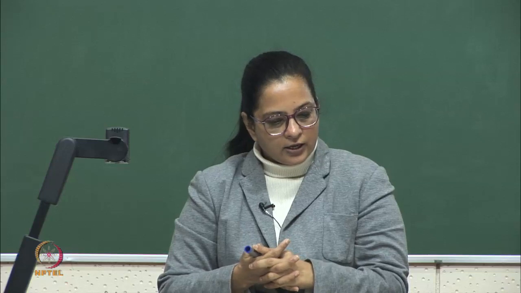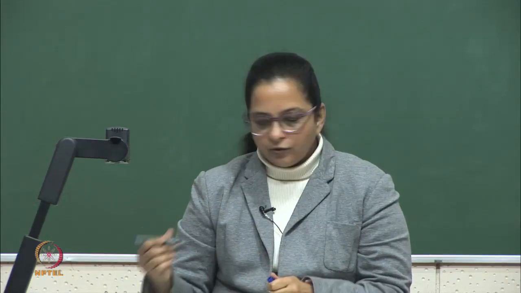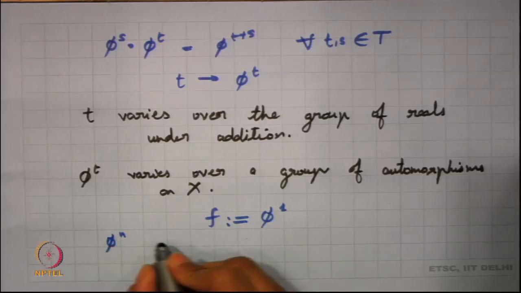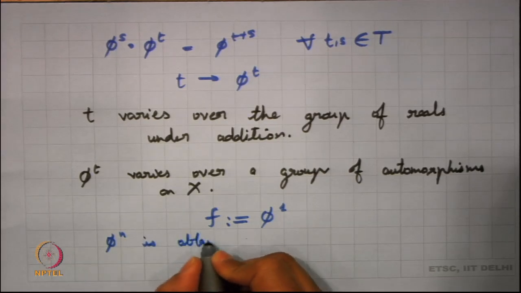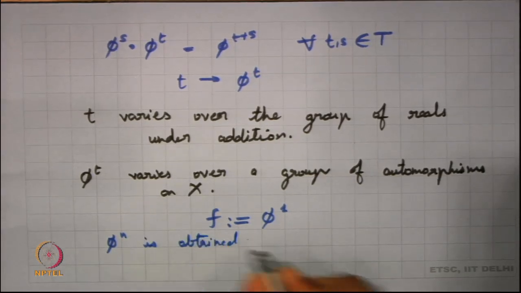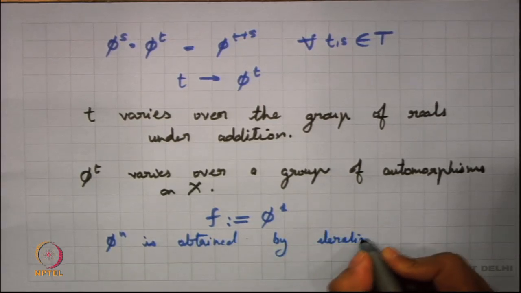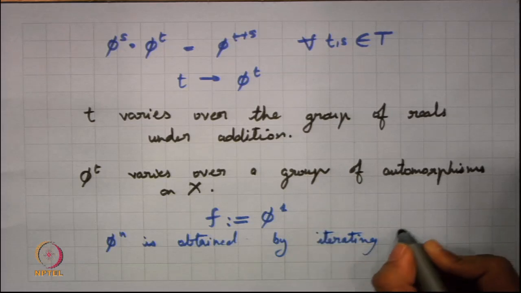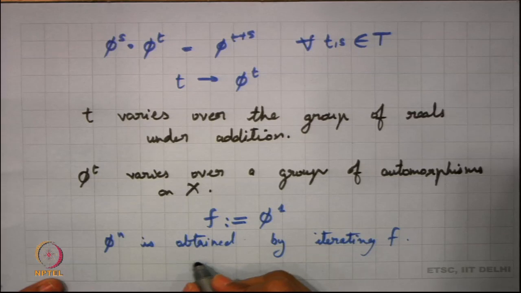And what we have done is we have discretized this part, and then I can get phi of n. This is obtained by iterating f. And we get a discrete dynamical system (x, f).